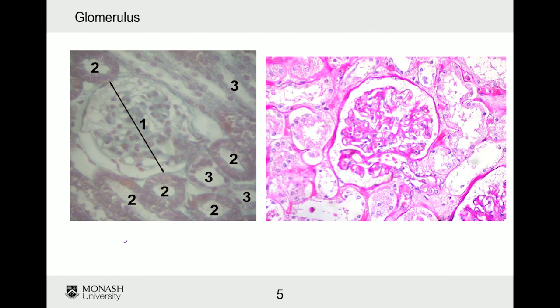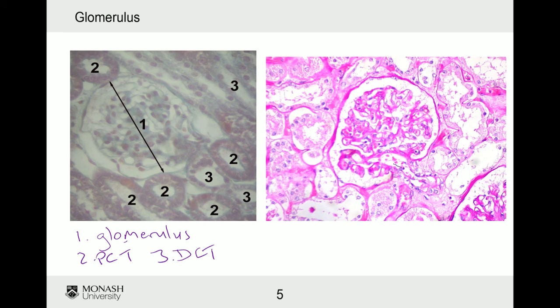Finally, let's have a look at some real pictures of the glomeruli. Number 1 shows a real glomerulus. 2 shows a proximal convoluted tubule, and 3 shows a distal convoluted tubule. So you can see how they're all wound around together. Over here on the right you can see more clearly a picture of the glomerulus, and is my favourite image in all of medical science.